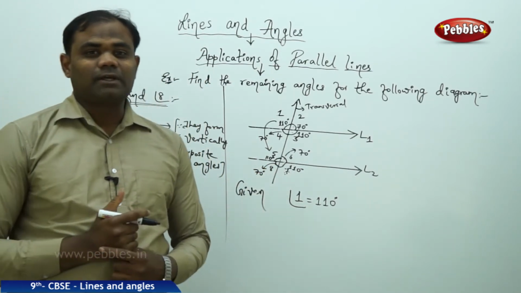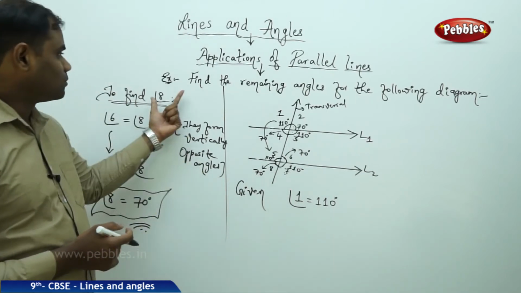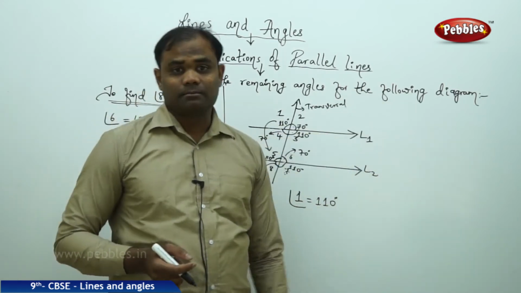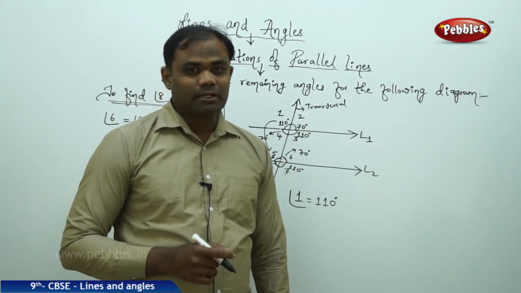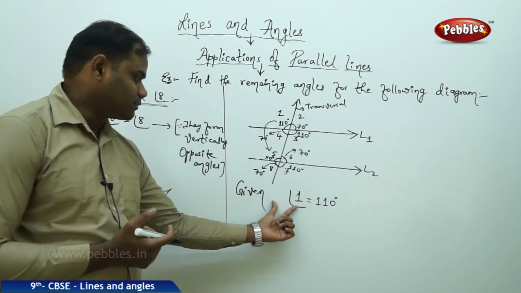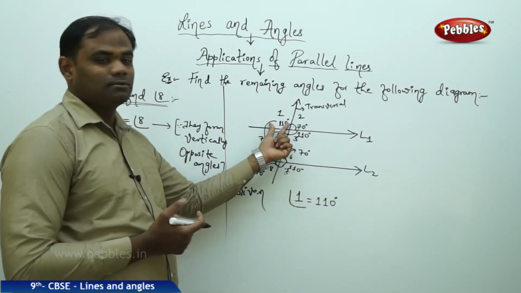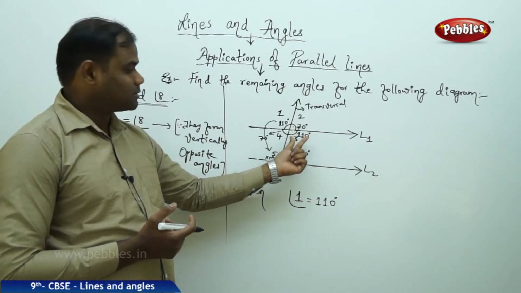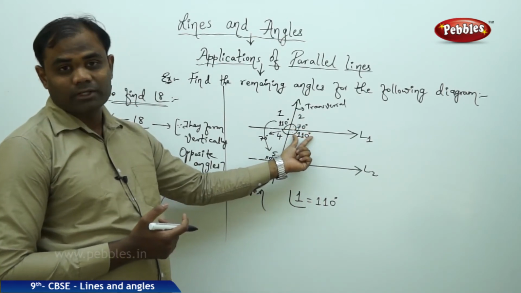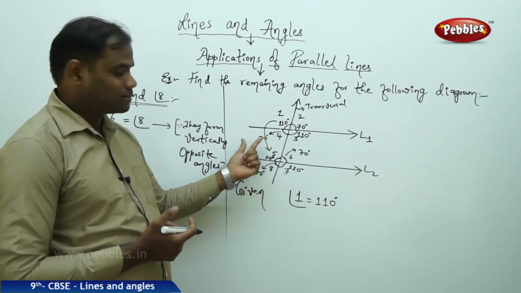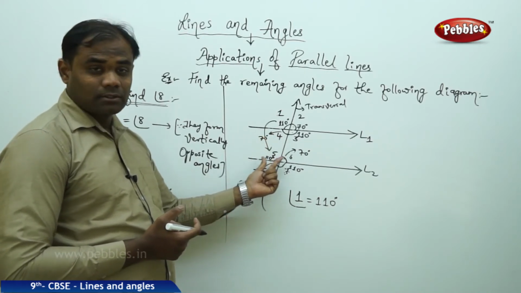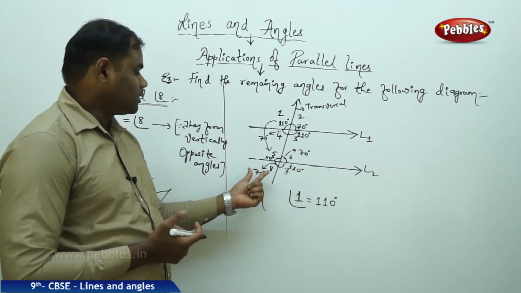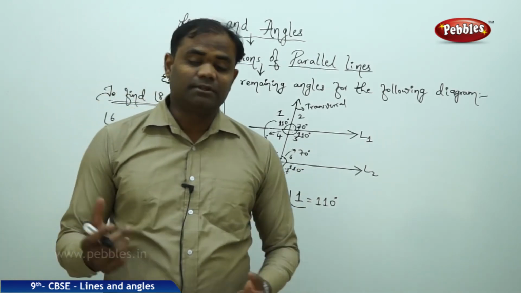Therefore, I have each of the angles which I can find through the given question, which says find the remaining angles for the diagram given here. This diagram has only one angle which is given, that is angle 1 is 110. Now I have all the remaining angles. Angle 2 is 70 degrees, angle 3 is 110 degrees, angle 4 is 70, angle 5 is 110, angle 6 is 70, angle 7 is 110, angle 8 is finally 70 degrees.